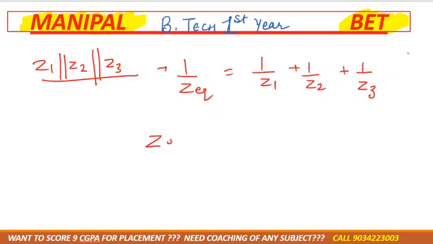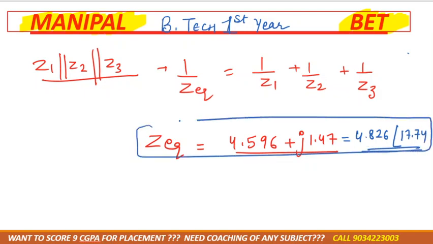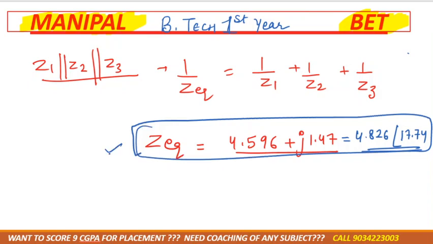So after solving it, you will get the value of Z equivalent. I am directly telling you that you will get it as 4.596 plus J 1.47 in the rectangular form, and 4.826 angle 17.74 in the polar form. Okay, so Z equivalent is this one.